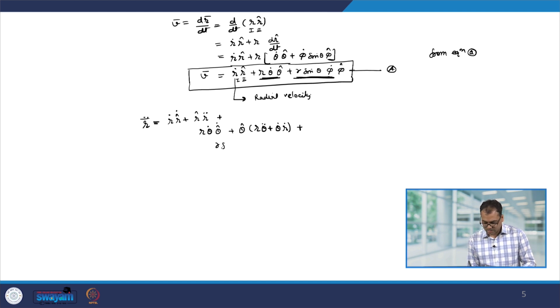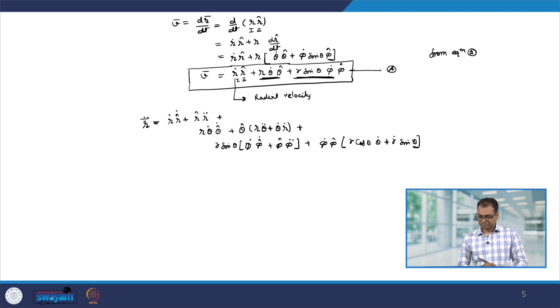So, it is r sin theta phi dot phi cap dot plus phi cap phi double dot plus phi dot phi cap r cos theta theta dot plus r dot sin theta.